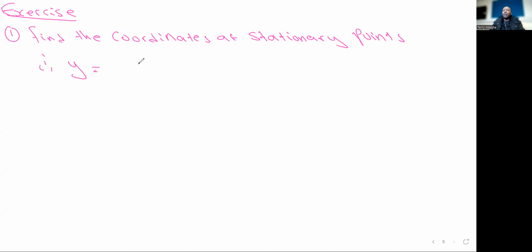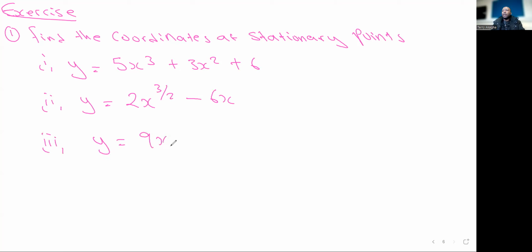So let's say we have y is equal to 5x cubed plus 3x squared plus 6. Number 2, we have y is equal to 2x to the power 3 over 2 minus 6x. And number 3, we have y is equal to 9x to the power 2 over 3 minus 4x to the power half plus 5. So I want you to find the coordinates at the stationary points.